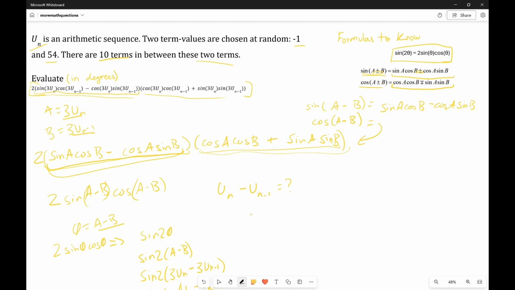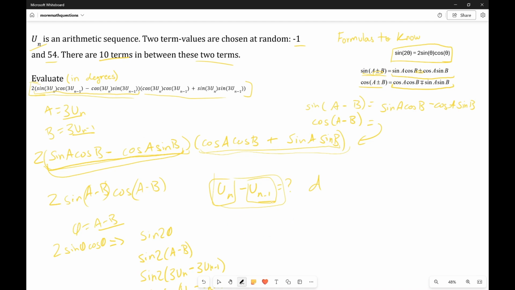What we want from the arithmetic sequence is the difference, because any nth term minus the term before it is equal to the difference of the arithmetic sequence. So if we find the difference of this arithmetic sequence, we can plug that in for the value of un minus un minus 1. Now, how do we find the difference?